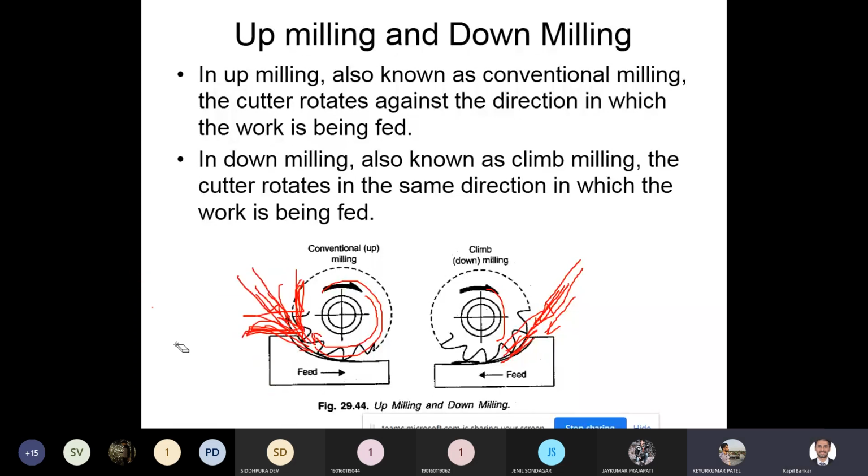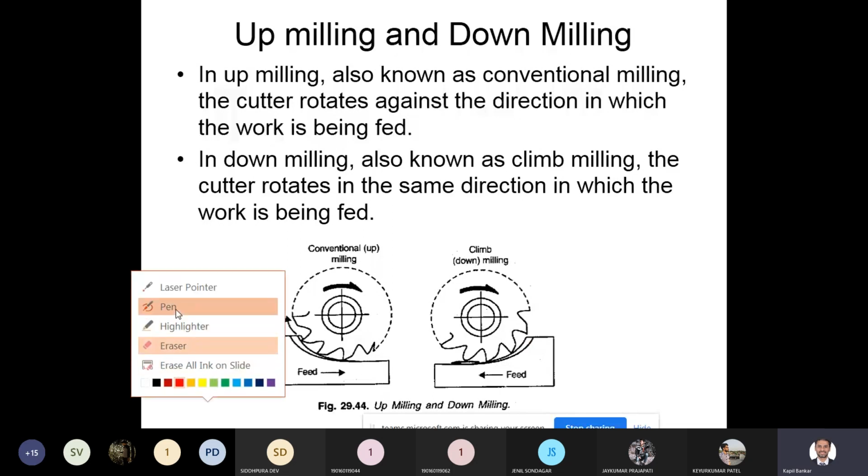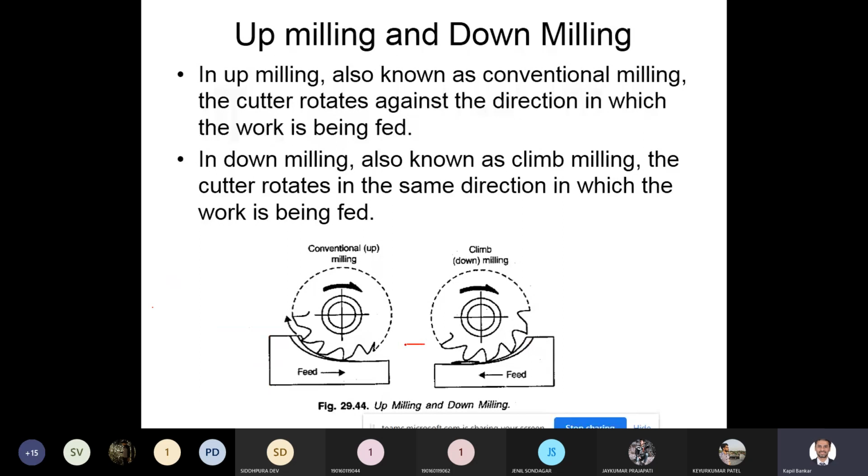Just a minute, I'm going to rub this. Now I'm showing you the pipe in a different manner. Suppose you apply the cutting fluid in this manner. At that time also it is very difficult. From here it is inserted, but ultimately it will spread over here due to the very high speed of this cutting tool.